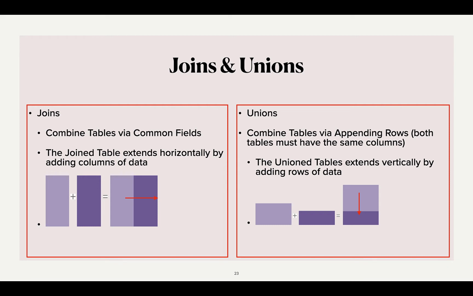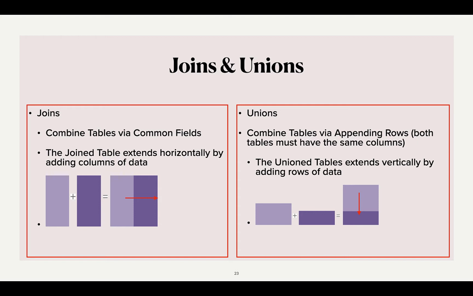All right, so the next two things that we need to talk about with regard to the data model in Tableau are joins and unions. Simply, joins combine two tables via common fields, and the result is a join table, and the join table is extended horizontally by adding columns of data to an existing table.